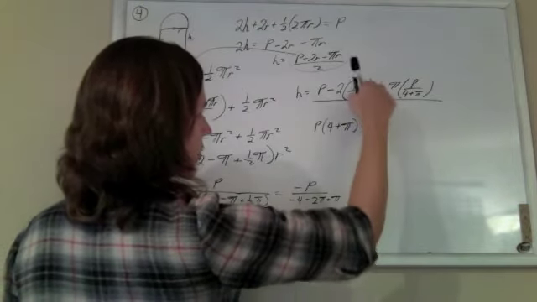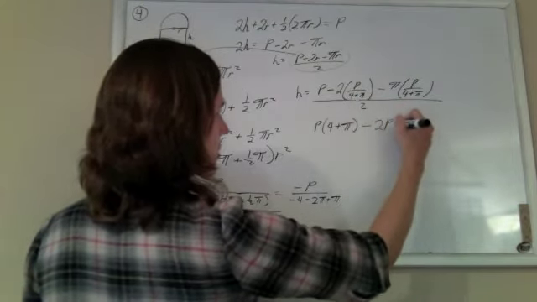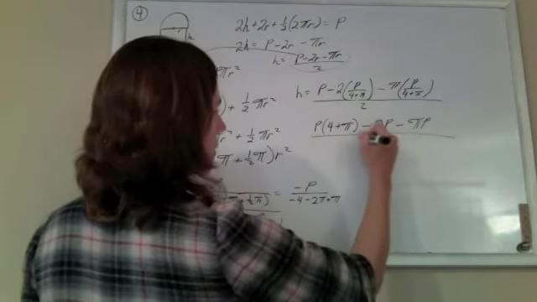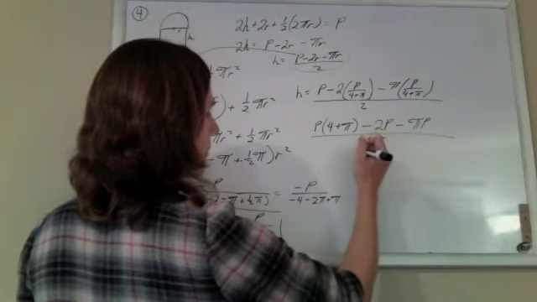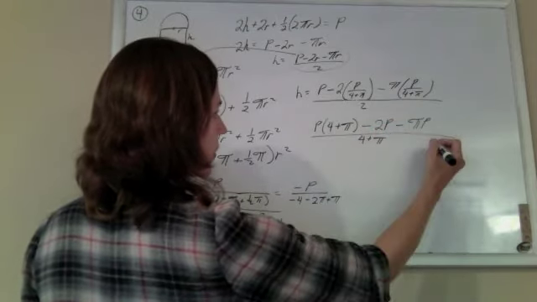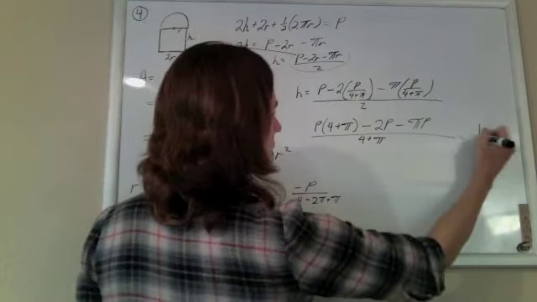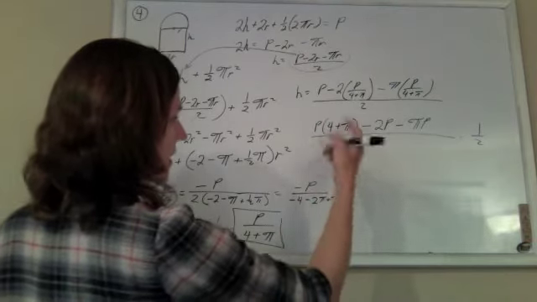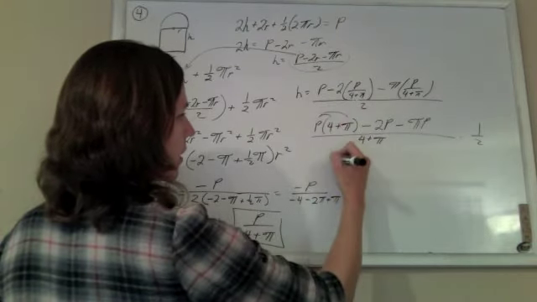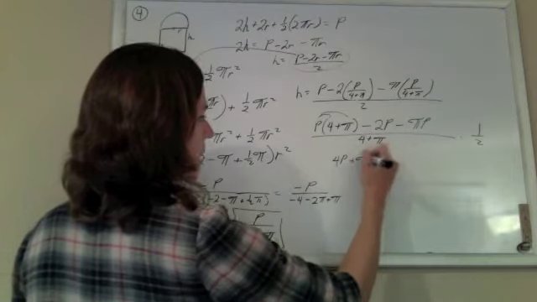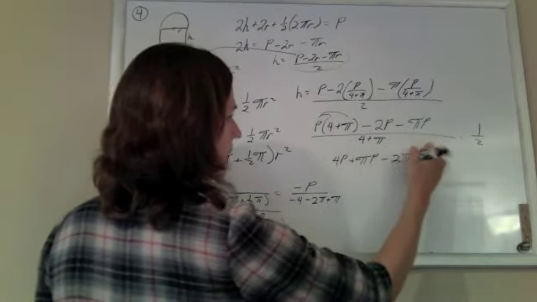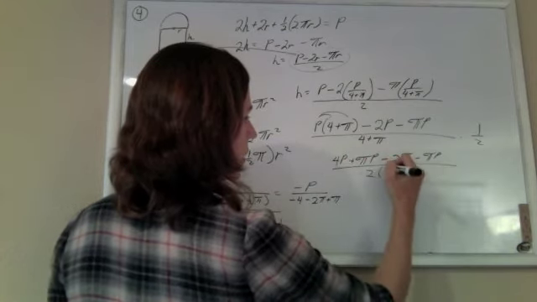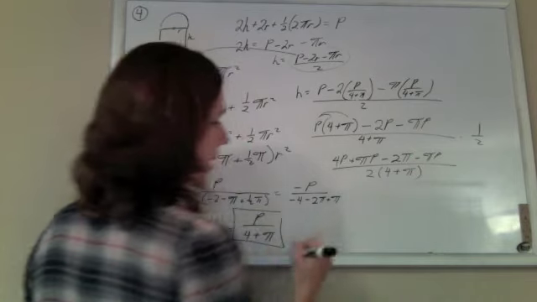And these guys already have the denominator, so that'll just be minus 2p minus pi p all over the common denominator, 4 plus pi. And that's all over 2. If it's all over 2, that's like multiplying by a half, so I'll just write it out there for now. Just keep cleaning the thing, distributing the p. I have 4p plus pi p minus 2p minus pi p all over, I'm just going to say 2 times 4 plus pi on the bottom.